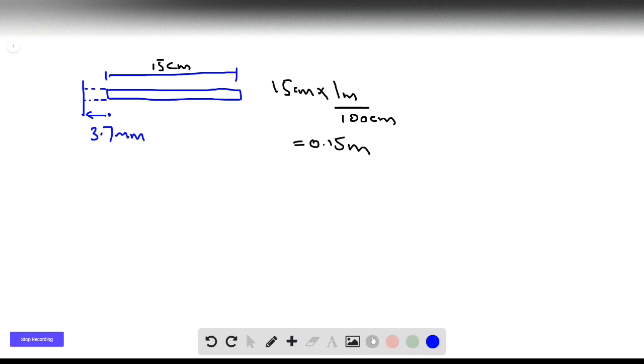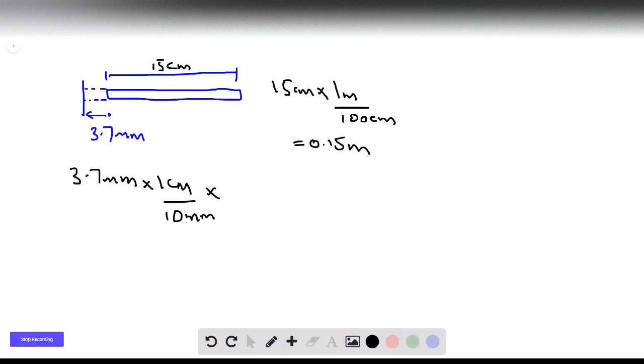We can change that to meters right away by first doing a conversion from millimeters to centimeters. So 1 centimeter is 10 millimeters. And then after that, do a conversion from centimeters to meters. So that's 1 meter over 100 centimeters.